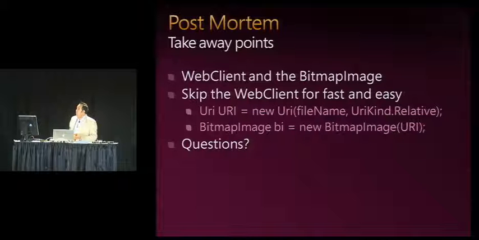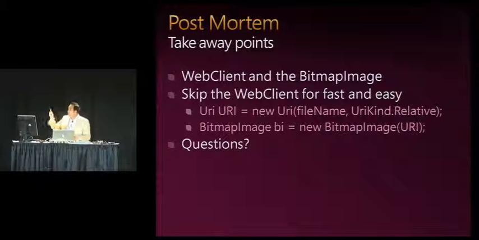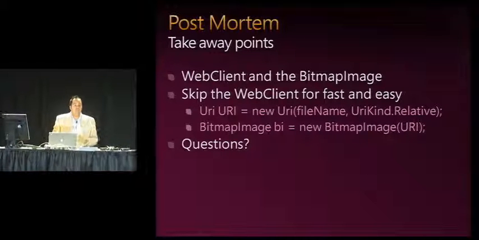There is a short piece of code to getting images back into your XAML procedurally. You can define the straight URI to the file name, create a BitmapImage, BI, which is new to Silverlight, very exciting. I really want to start playing with that more. And then the third line is, for any image on the stage, set its source equal to that BI, and you're good to go. Three lines of code.